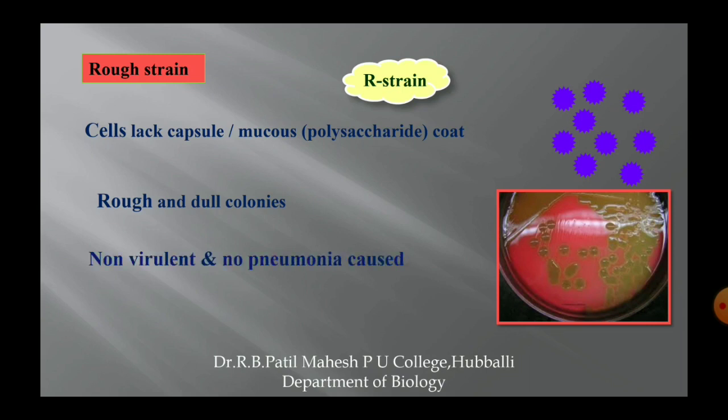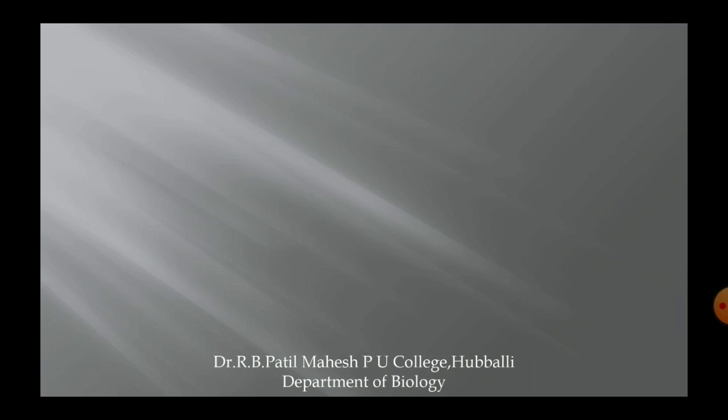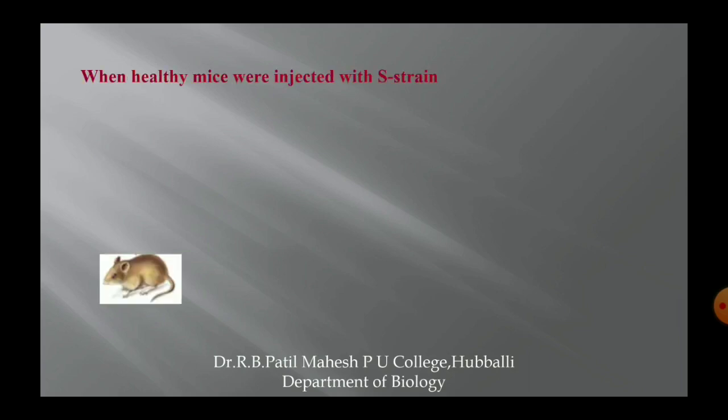And these R cells are non-virulent or non-pathogenic. They do not cause pneumonia. So no pneumonia is caused. But taking these two varieties, Griffith conducted a series of experiments.